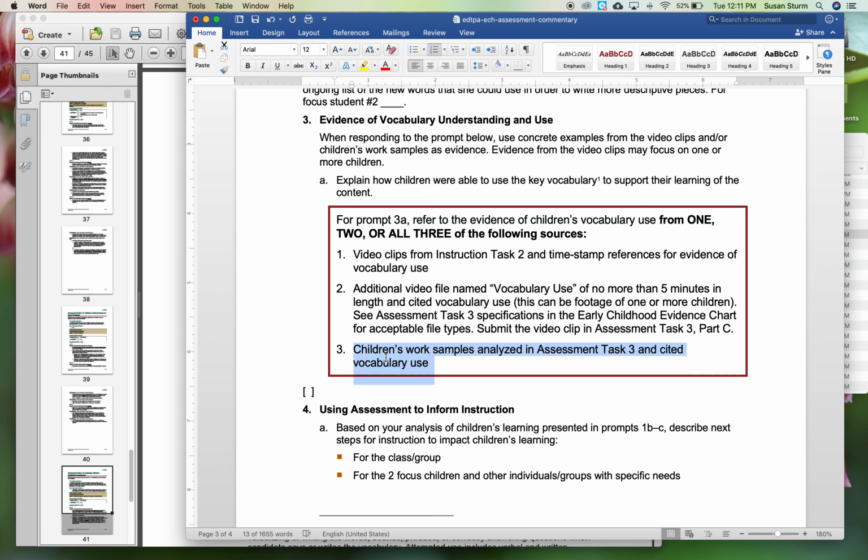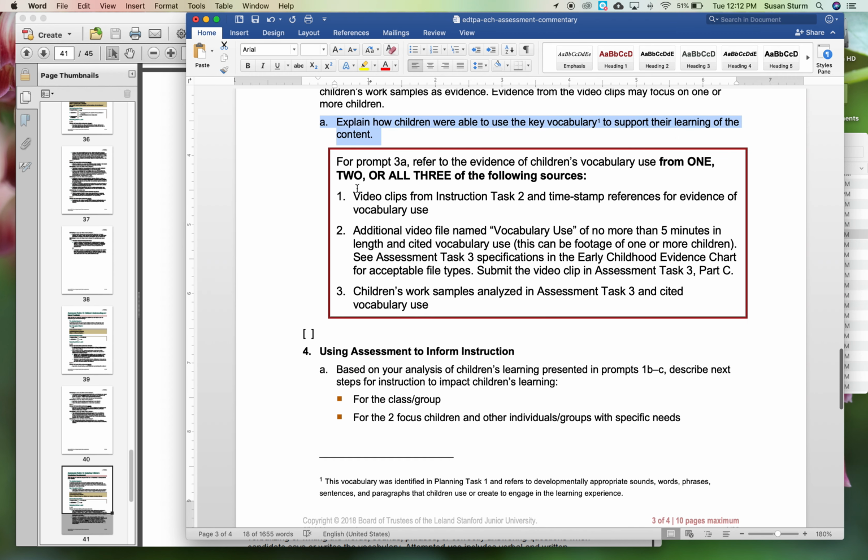Or you can talk solely about the student's work samples that you've analyzed in this task and cite their vocabulary use. If you did a writing edTPA, I would highly recommend that you just use the students' work samples. So what they want you to do here is explain how the children were able to use the key vocabulary that you already wrote about to support their learning of the content.